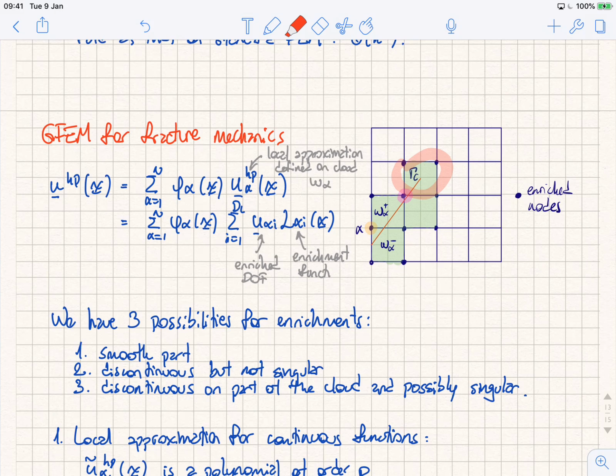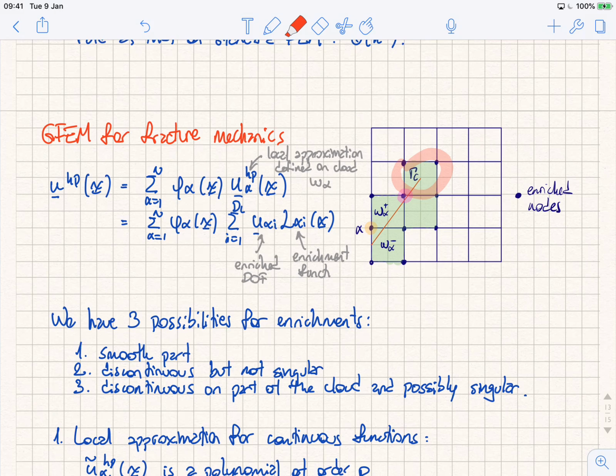Now, as I refine my mesh, those elements that have the singular enrichments are going to be smaller and smaller, which effectively means that I'm enriching a smaller portion of my domain. And therefore, this is not really representing the physics of the problem, because you would expect that the singularity produced by the crack has nothing to do with your mesh size. You understand?